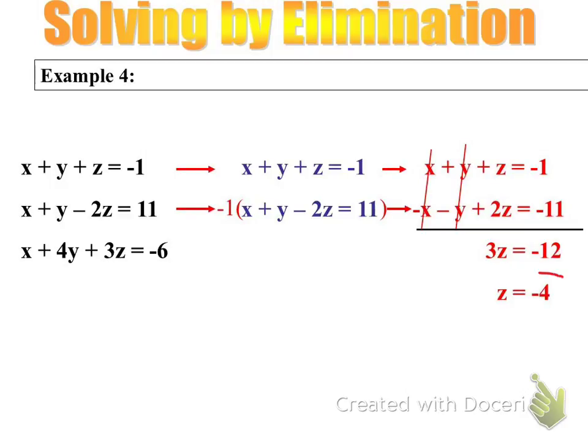Now, what would you do with it? Well, you could just keep it there, but I would plug it back in. Here's why. You could take the second equation, plus 8, right? -2 times -4 equals 11.